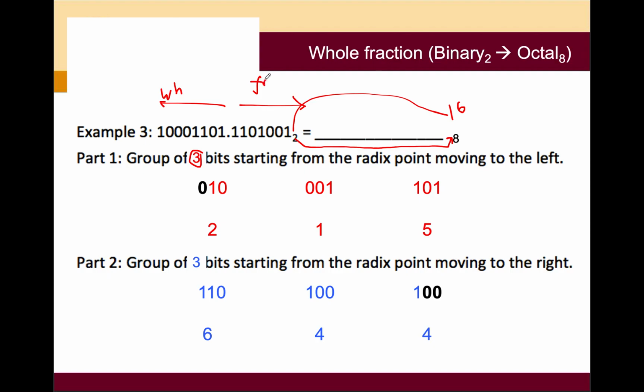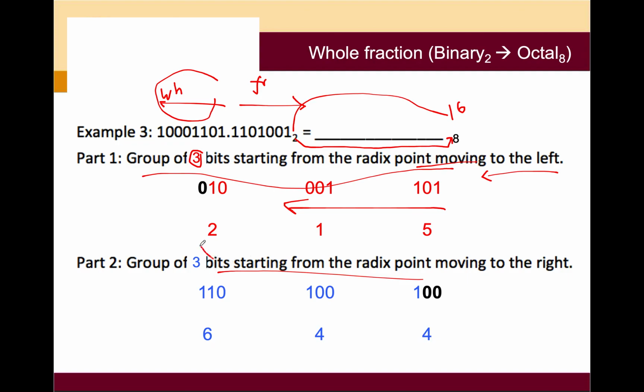What you're going to do for the whole part is group it, moving to the left like this. So it is moving like this. But if you have the fraction number, you also group it into 3, but you need to move to the right. That's why from here you will group it like this, 0 0.